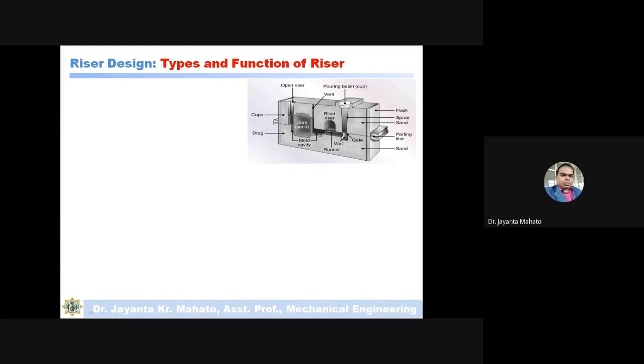The term Raja I have used several times in the previous lecture. So can anyone tell which part is called the Raja?